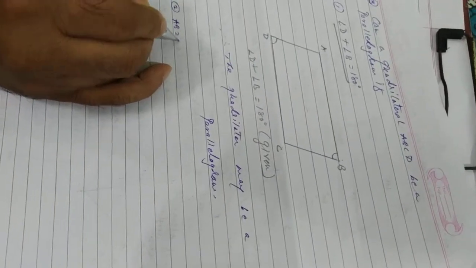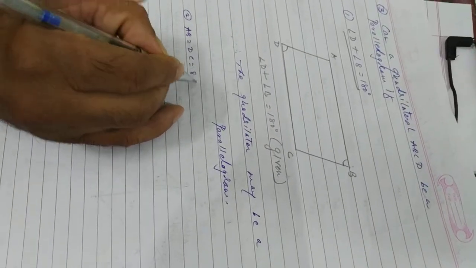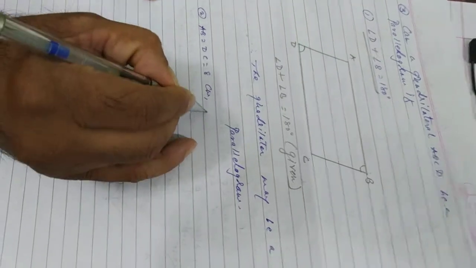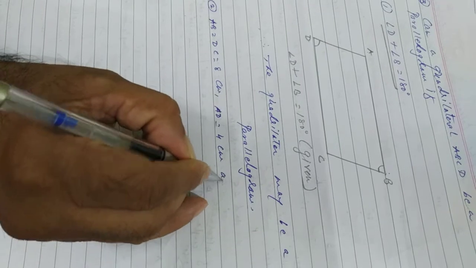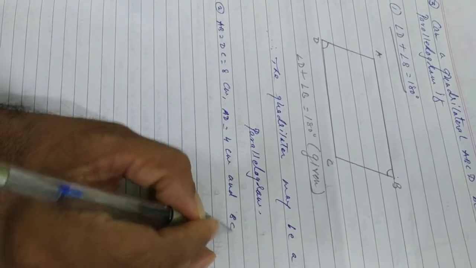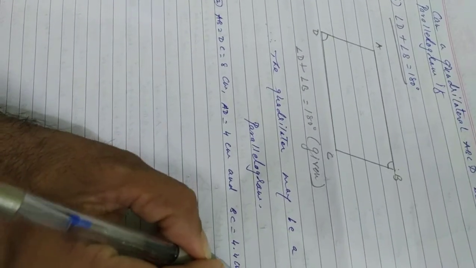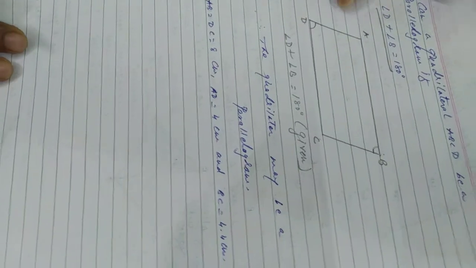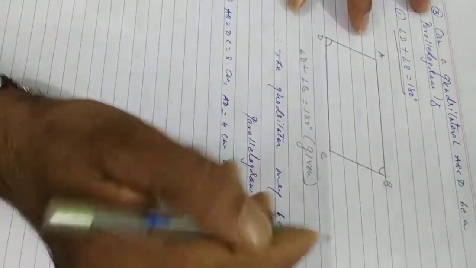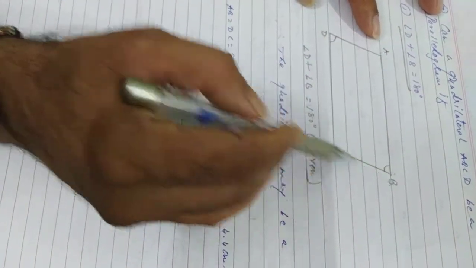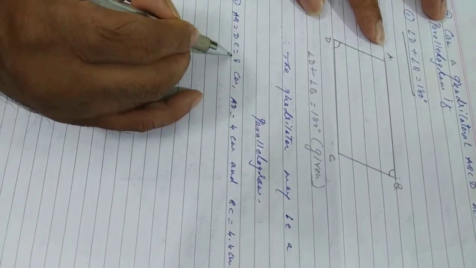Now second, AB is equal to DC is equal to 8 centimeter. AD is equal to 4 centimeter and BC is equal to 4.4 centimeter. AB is equal to DC. Suppose in the same figure AB is equal to DC is equal to how many? 8 centimeter.